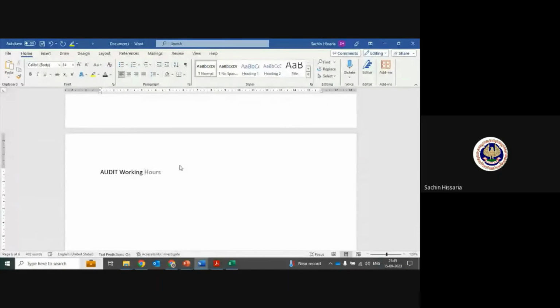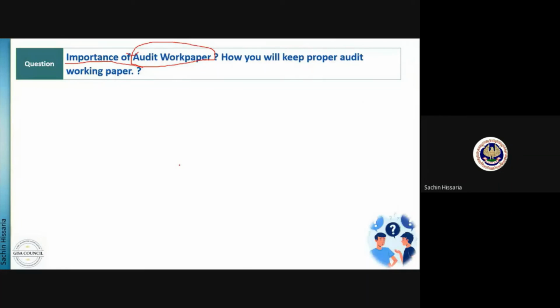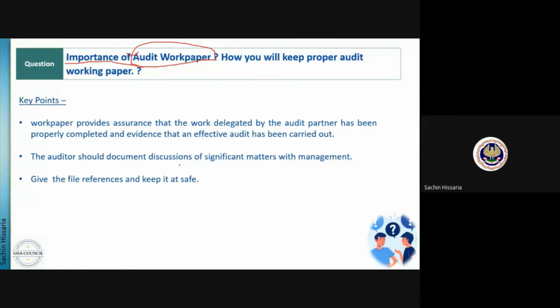Audit working papers are very important because they are the proof. They provide assurance that the work delegated by an audit partner has been properly completed. It is evidence of your effective audit. So audit working papers are very much important.